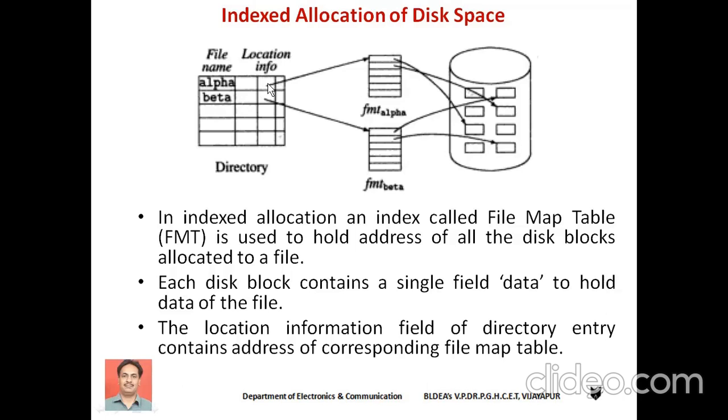If we are able to access this particular file map table, then in turn we'll be able to access all the blocks which are allocated to that particular file. Similarly, in the second example, beta, in the location information we store the address of the file map table of beta. So if we know the address of this table, we'll be able to access all the disk blocks of the file beta. So this is how the indexed allocation of the disk space is carried out.